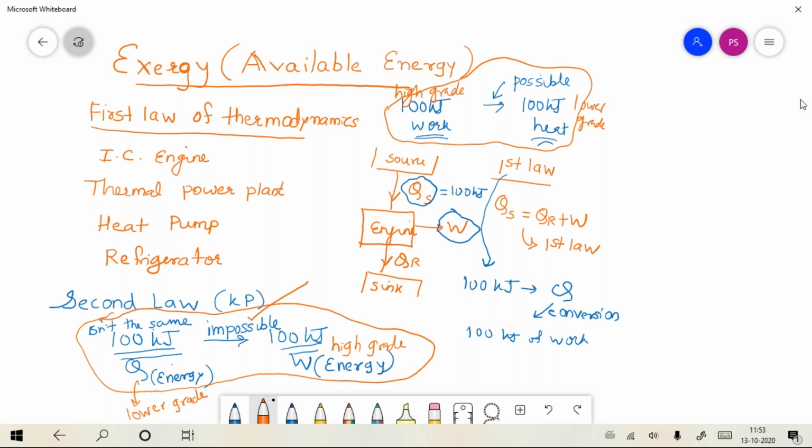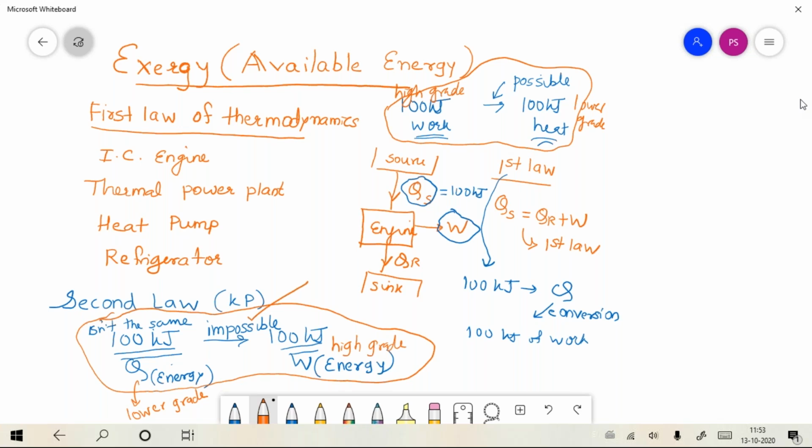Okay, all right. So let me now proceed to our discussion on exergy or available energy. I have not yet defined what exergy or available energy is. I have simply given you the context of how the second law, the quality assessment, is able to convert only partially the heat to work.